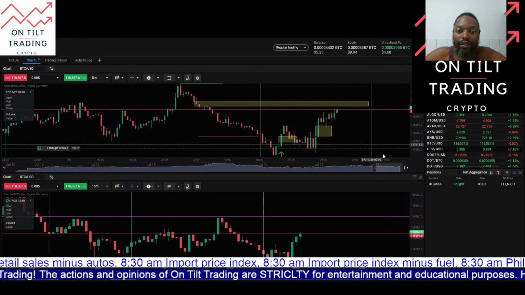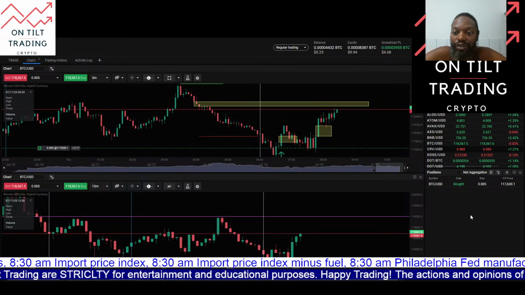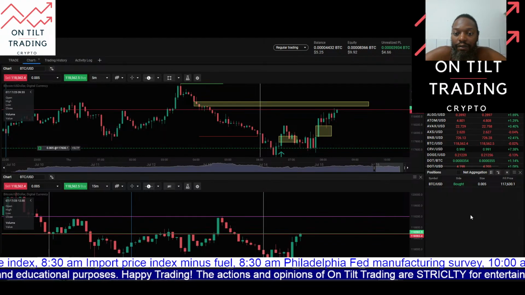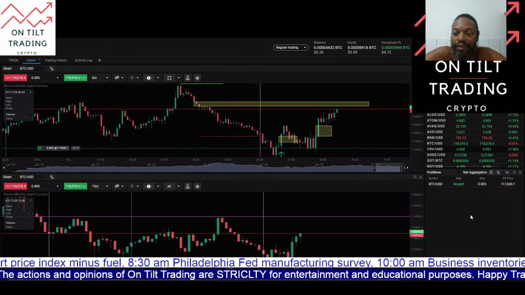So price has failed to reach the 118,600 level, just short in the previous 5-minute candle. We'll see if price will want to be delivered into that level here.